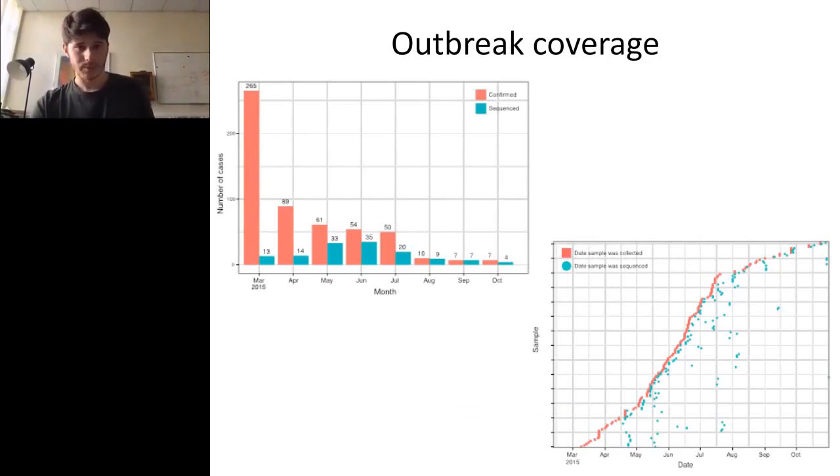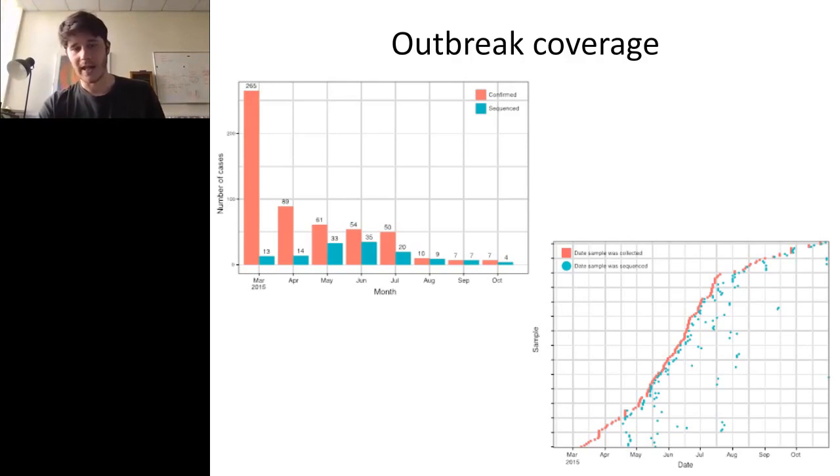These are some overall stats of the number of cases in Guinea from the date that we arrived in country to the final case of the outbreak. So we arrived in March 2015 when there were 265 cases, of which we sequenced 13 of them.